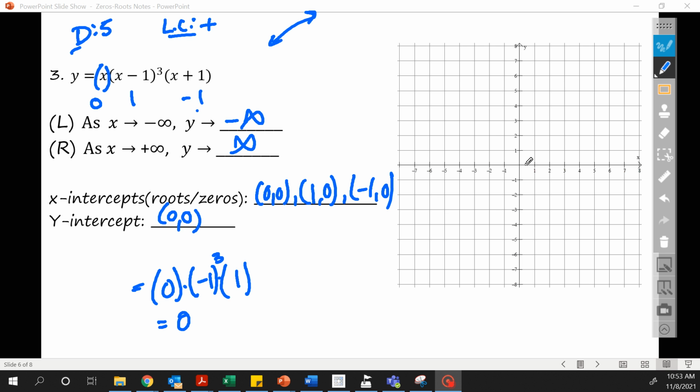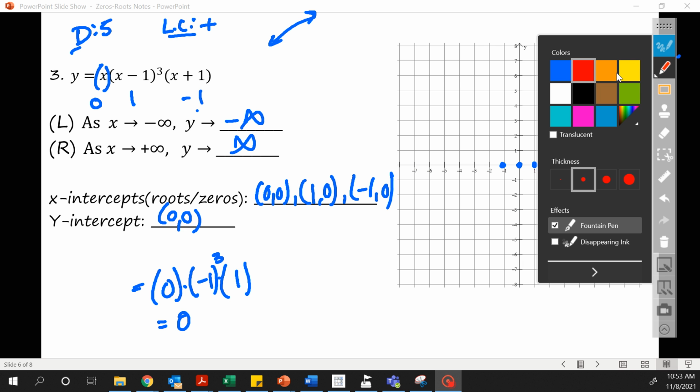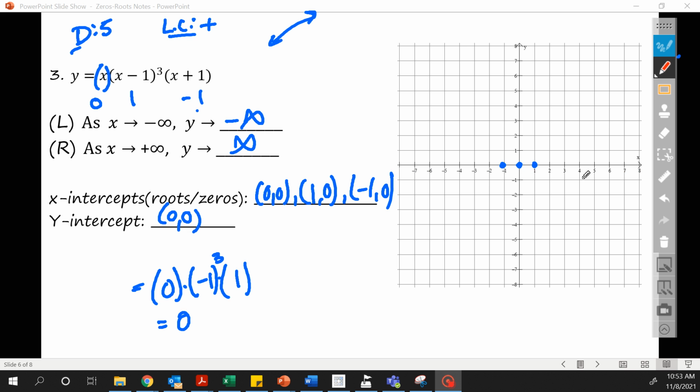Okay, so let me put these points. I have (0, 0), I have (1, 0), and I have (-1, 0). Probably should have made these further away from each other. Might change that. Okay, so it's going to pass through all of these.